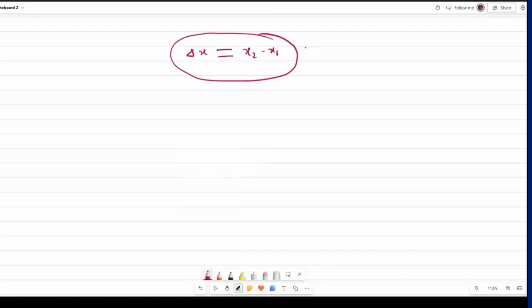So what is the meaning of delta x? It is change in x. I did not say that it is small change in x. It is just change in x. One can write this change as some final value xf minus xi, x suffix f.